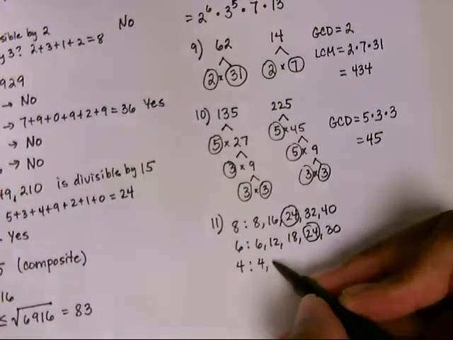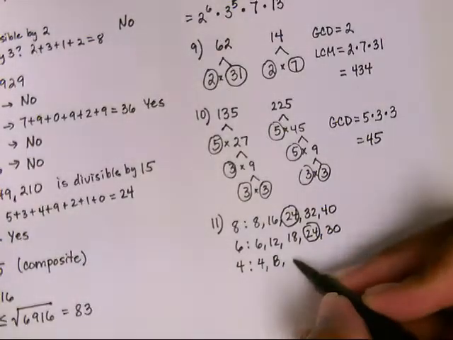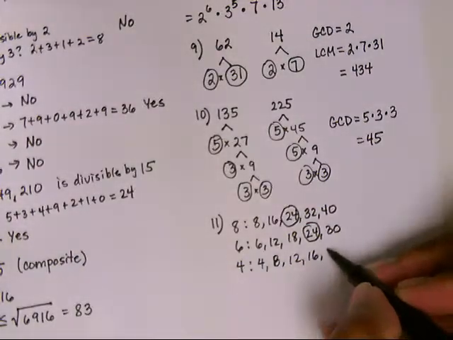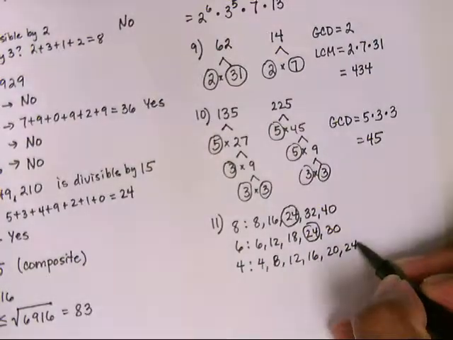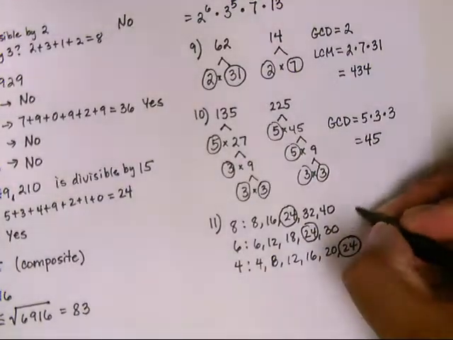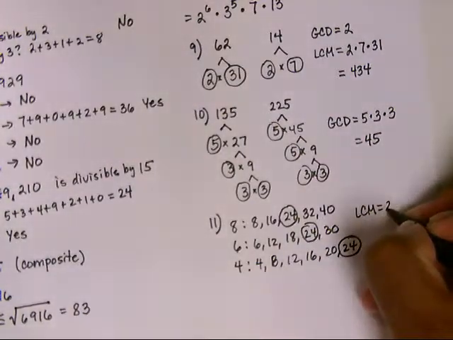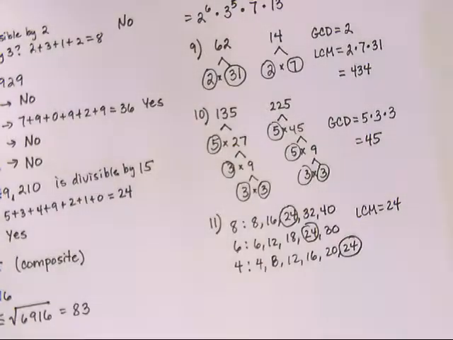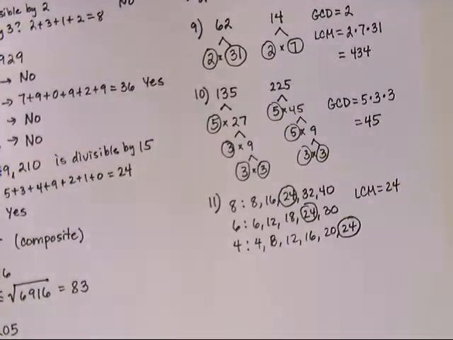Now for 4, this will be 4, 8, 12, 16, 20, and I'm going to carry this out to 24, because I see here that 24 is the smallest multiple for 8, 6, and 4. So that least common multiple is 24. That's the least number of bolts, nuts, and washers that can be purchased. So there is an equal number of each.